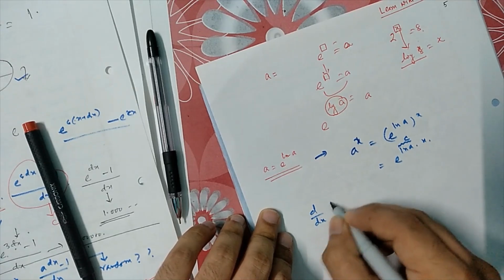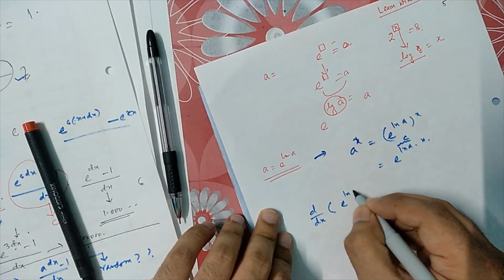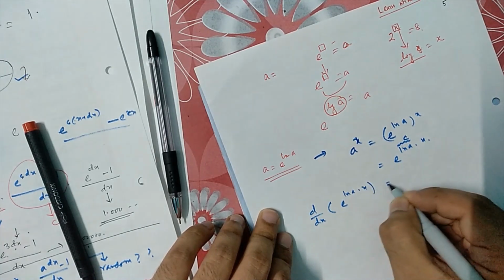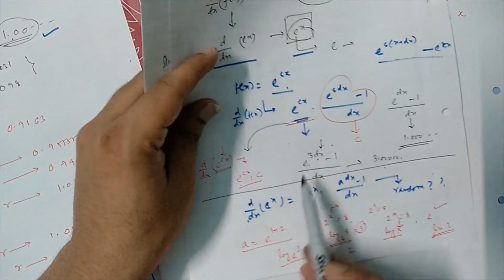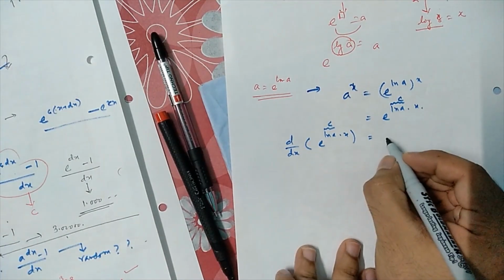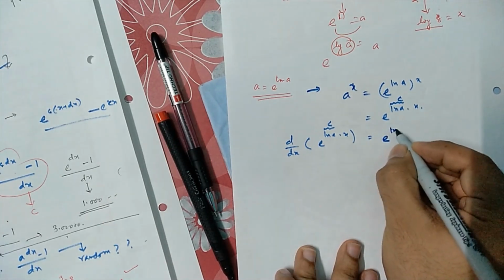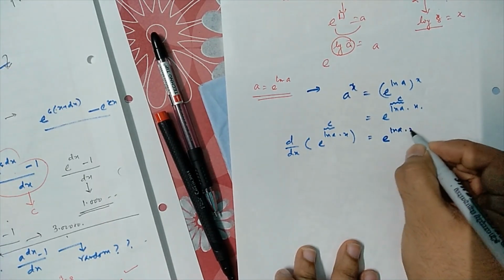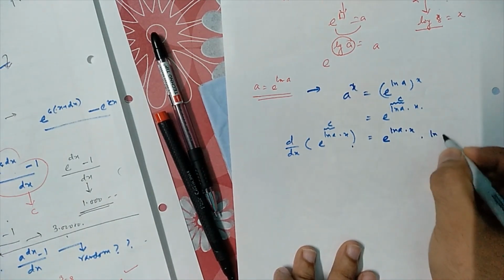d/dx of e to the power ln a into x? This part is c. So according to the previous formula, e to the power cx equals e to the power cx into c. That means the function itself, e to the power ln a into x, into the c part, that means ln a.